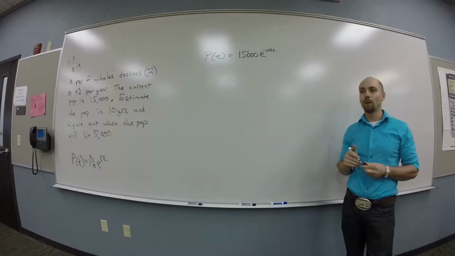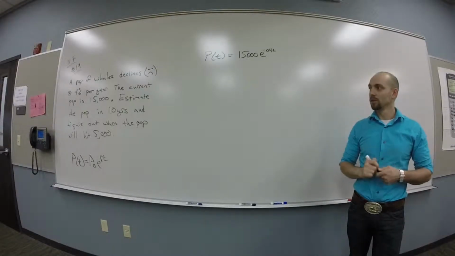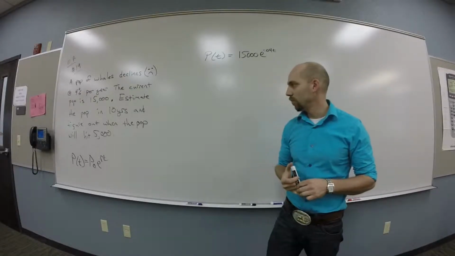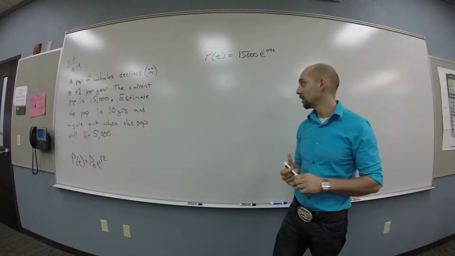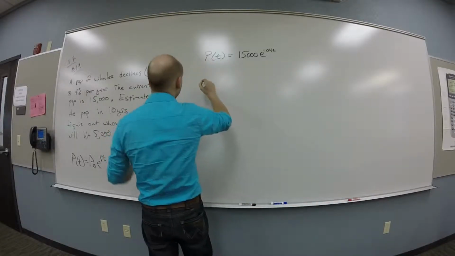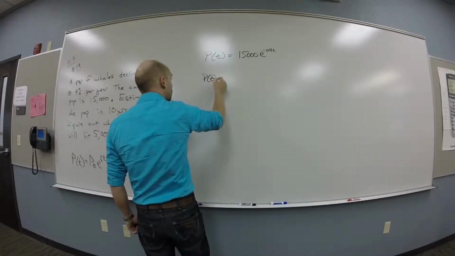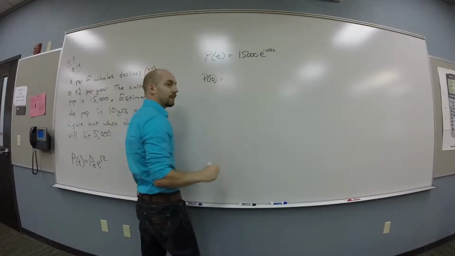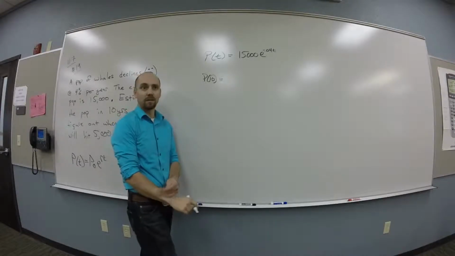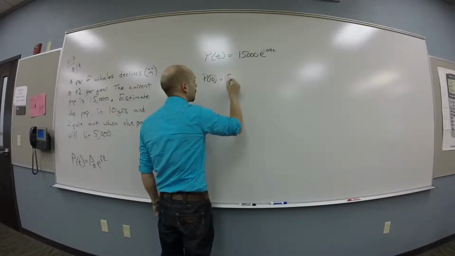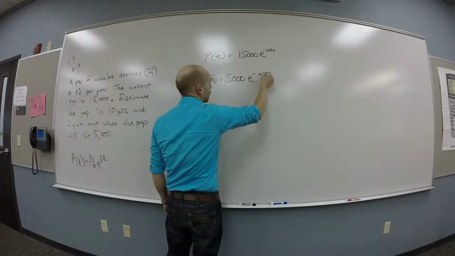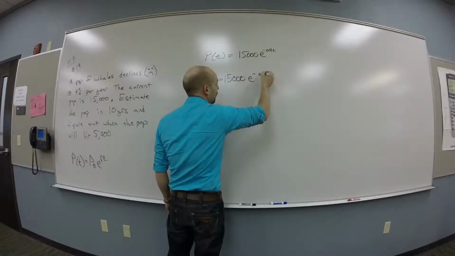Now what do I do with my model? Plug in 10 years. I plug 10 years in for T. So I'm looking for P of 10 for this first question. That's 15,000 e to the negative 0.04 times 10.